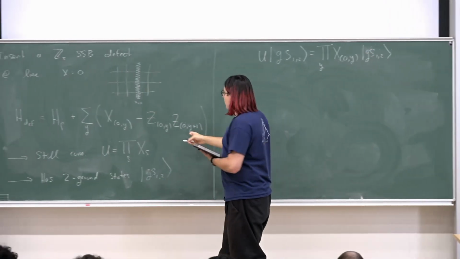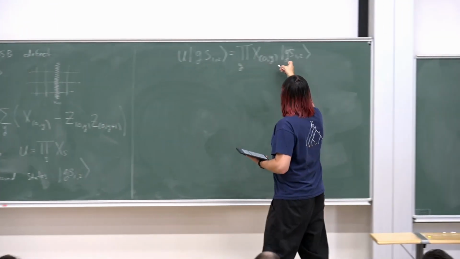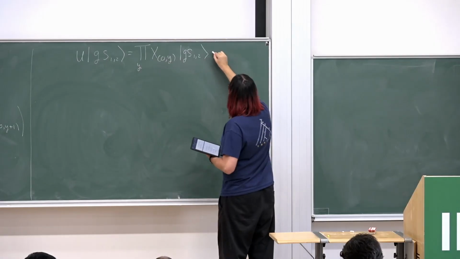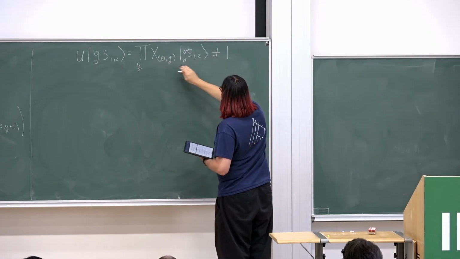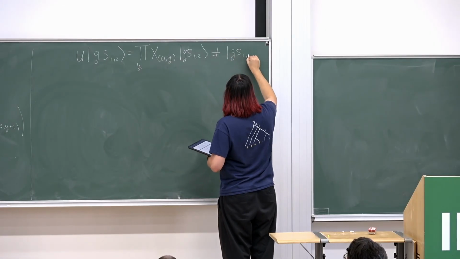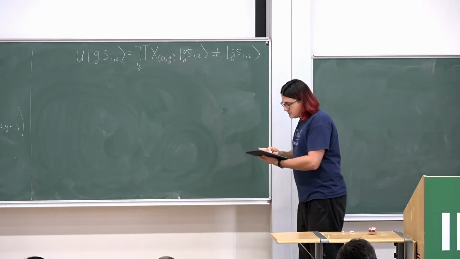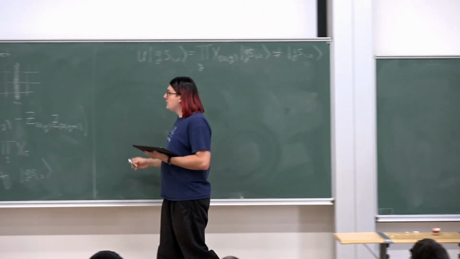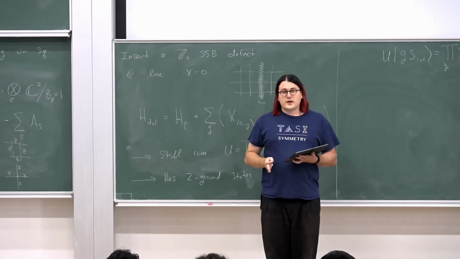Okay? And because of this Ising term, we know that this will not be an eigenstate of this operator here. So this will have a non-trivial action within the ground state subspace, and that's precisely what we mean by spontaneous symmetry breaking. So this defect correctly spontaneously breaks the Z2 symmetry only along this localized line.